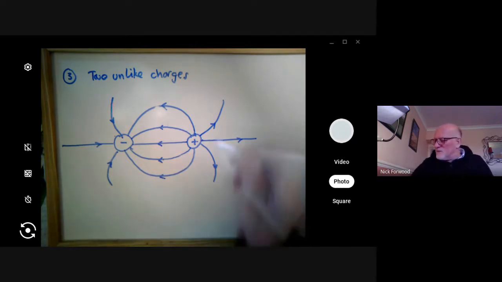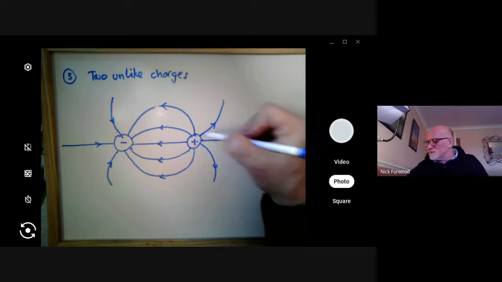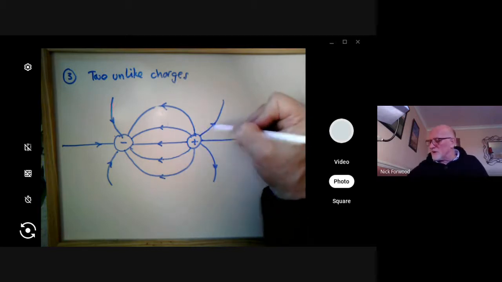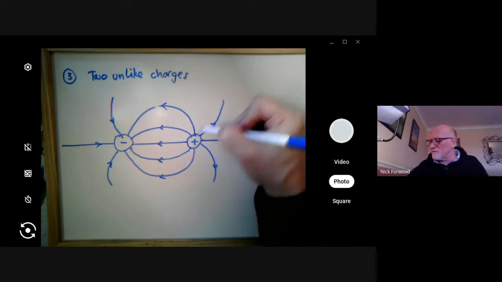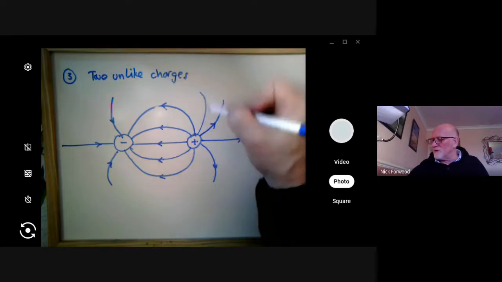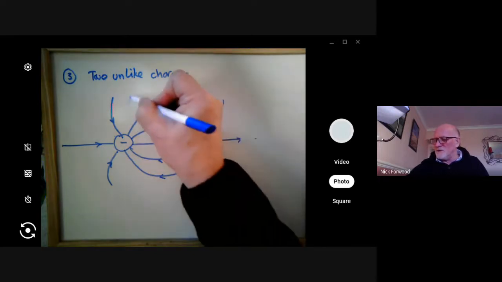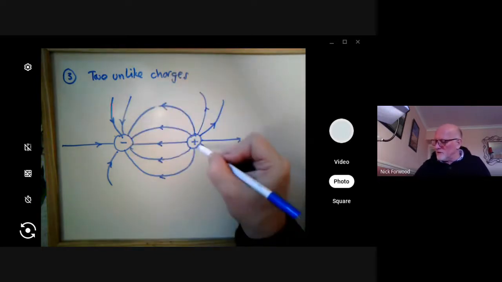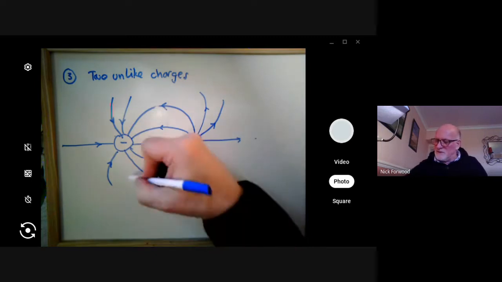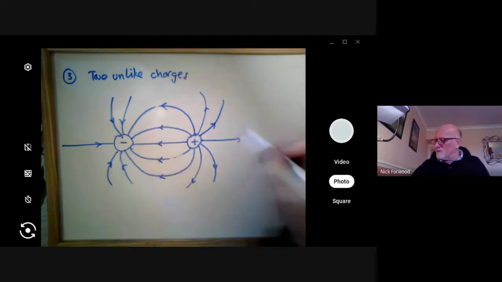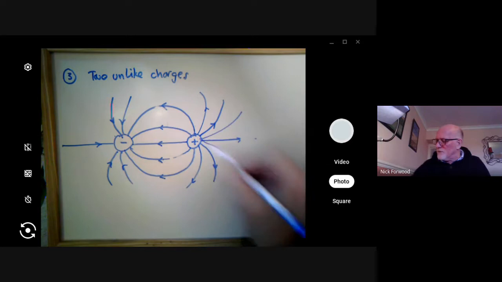And we could have some other lines as well if we wanted, as long as they don't cross over, and we put some arrows on them. So we could have one going off like that and it's going to come back in here, and we could have one going off like that and it's going to come back in here, and we could fill in all these spaces all day long if we want.